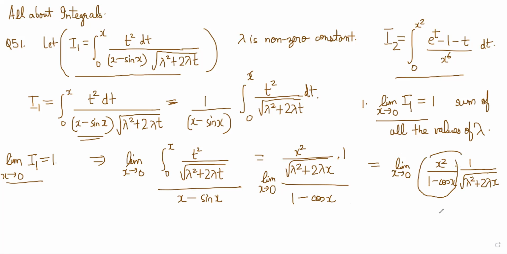This is a standard limit because 1 minus cos x is 2 sine square x by 2, and you have x square here, so divide by 4 and multiply by 4. So this part will be 1 and the limit will be 2. So the limit will be basically 2 by root over lambda square plus 2 lambda x, which will be 0.